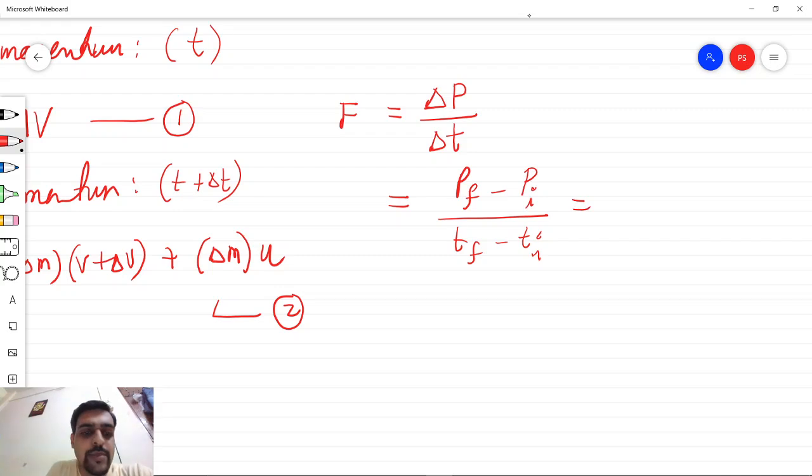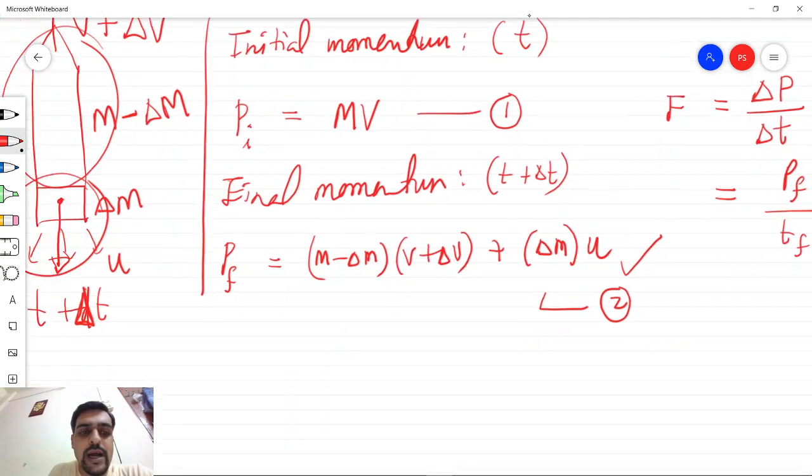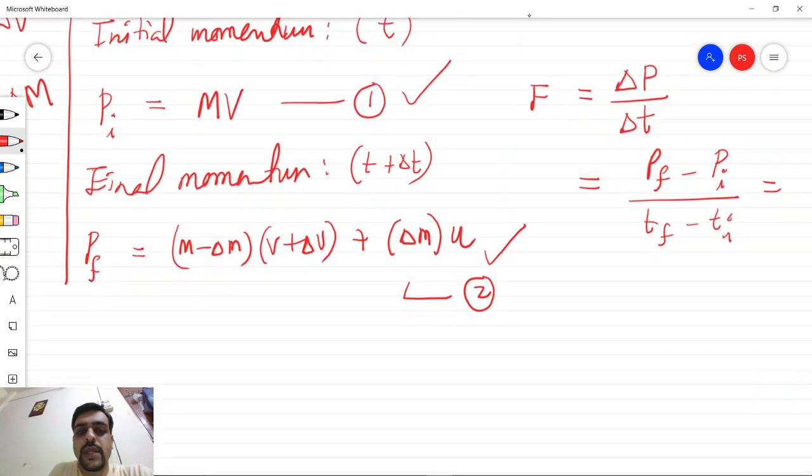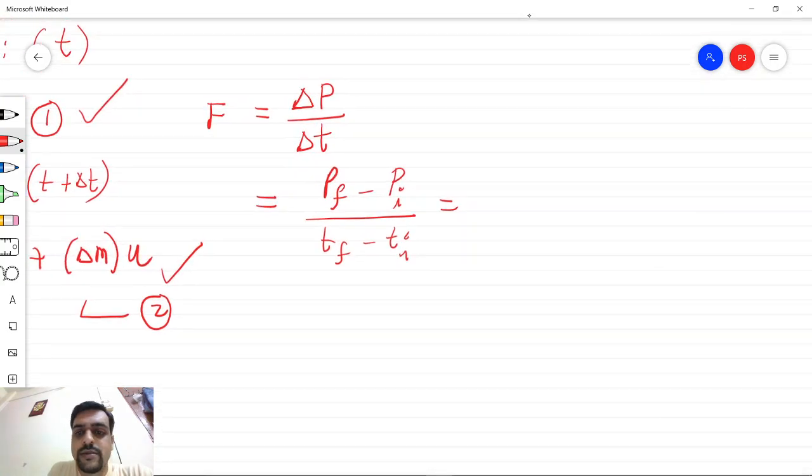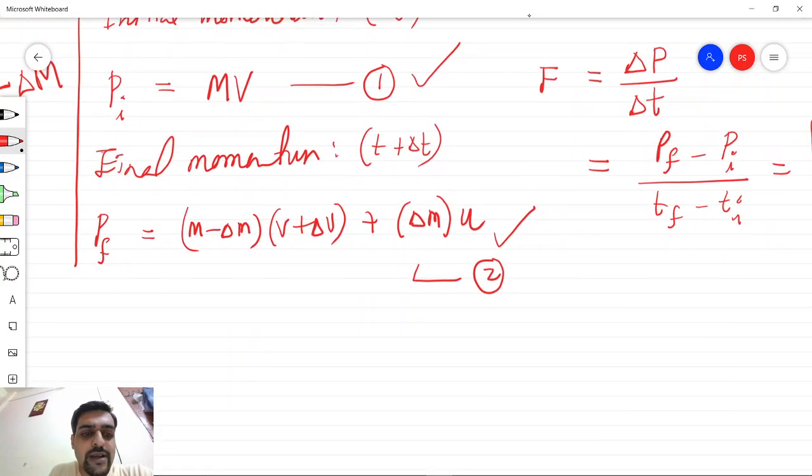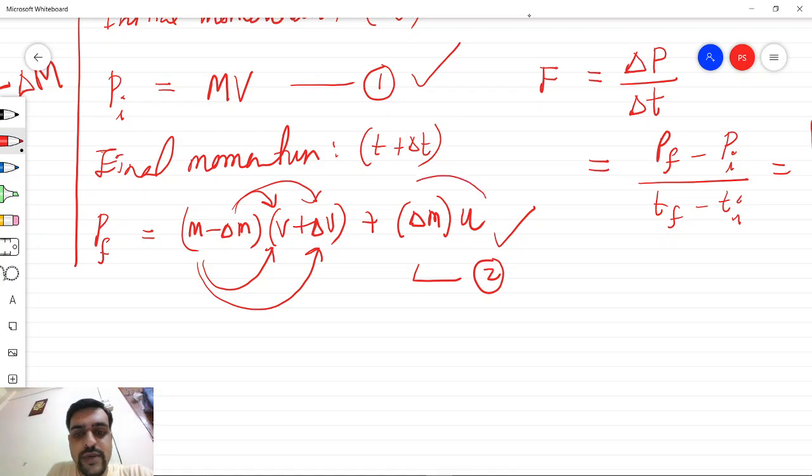Pf is simply equation 2 and pi is equation 1. So let us substitute those values. Now this equation 2 can be further simplified by multiplying these terms. So we get 4 terms and this one is the fifth term.